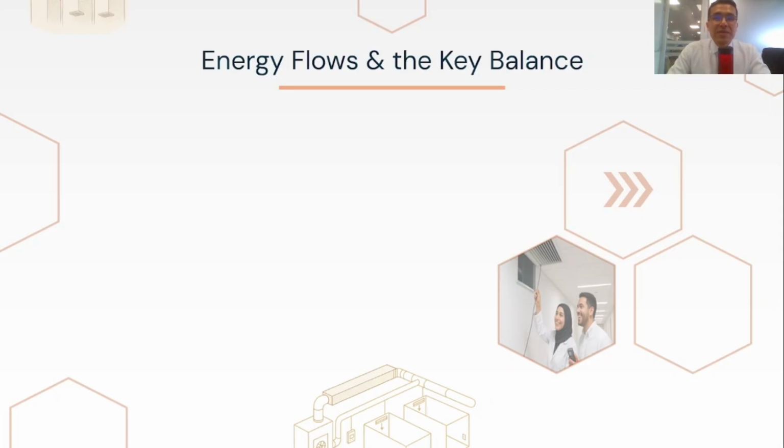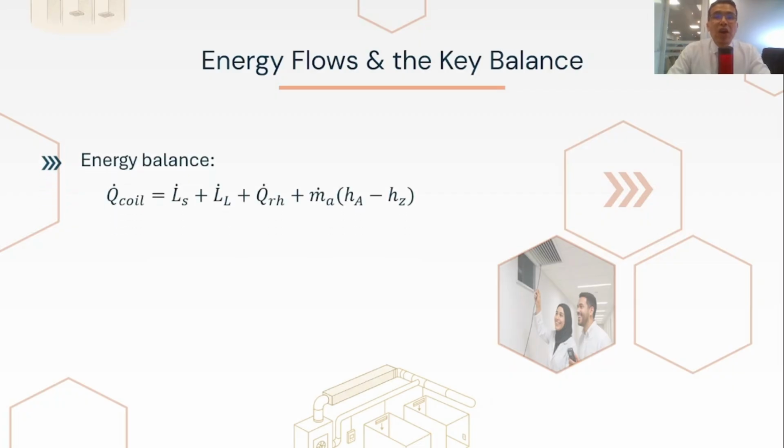An essential concept for understanding HVAC systems is the energy balance, which dictates how different energy flows, including sensible and latent loads, reheat and ventilation, must sum up to the total load handled by the cooling coil. This relationship is crucial for analyzing how systems respond to changing conditions. So the governing balance for the airside equation is the one that you're looking at on the screen.